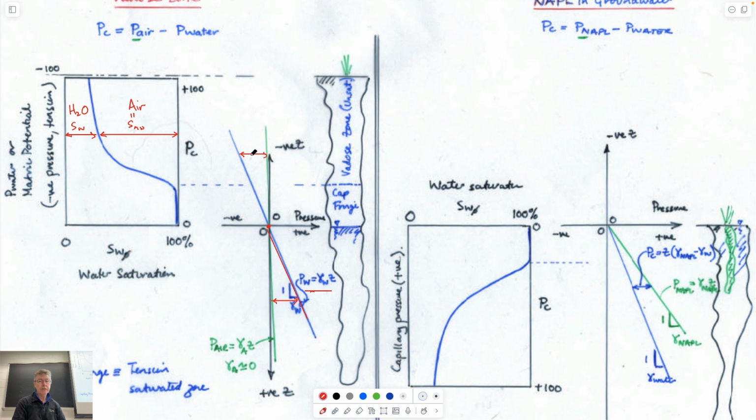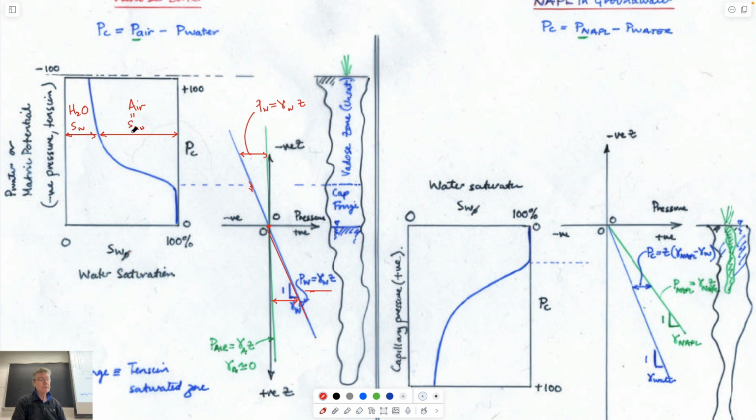So this is a negative value, which will be the water pressure is equal to the unit weight of water times Z. Z has a direction to it, right? Above the water table, going upwards is increasingly negative. So this will be a negative pressure. That's a PW. And so this is why it's called a tension saturated zone or capillary zone, is because it's in tension. Because you're physically pulling this water up when you're sitting at this point, and the amount of pressure you have to apply to pull it up is equal to this kind of tensile stress.